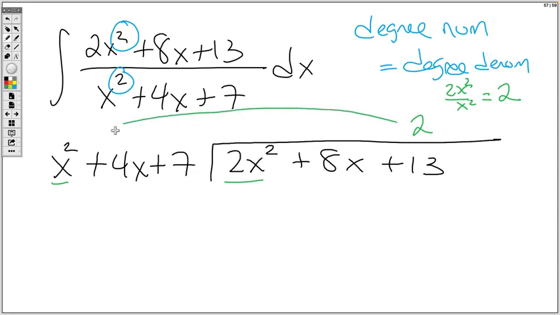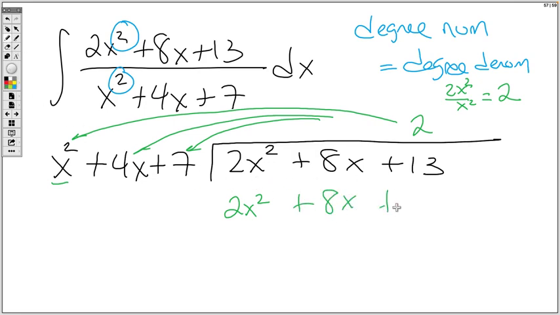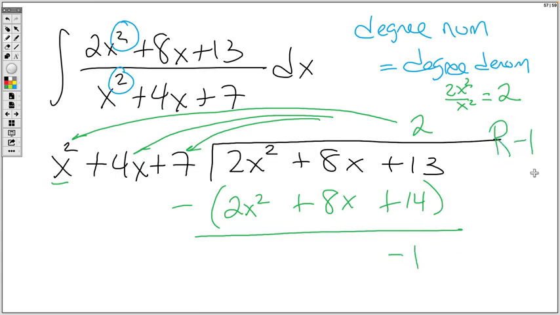So I multiply 2 by x squared plus 4x plus 7, which is 2x squared plus 8x plus 14, and subtract. 2x squared minus 2x squared is 0. 8x minus 8x is 0. 13 minus 14 is what? Negative 1. That's my remainder. Now I got to put this together.